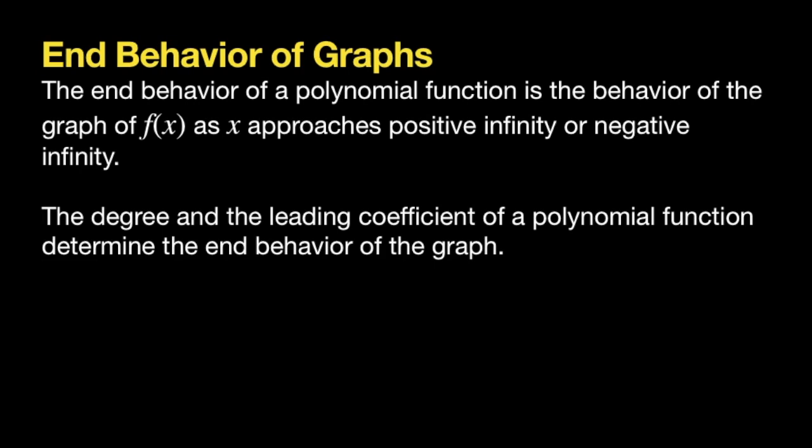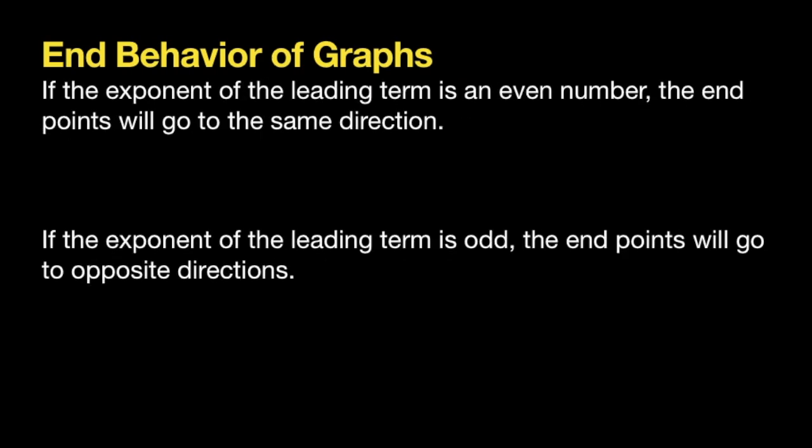The degree and the leading coefficient of the polynomial is going to help you determine how the graph is going to go. If the exponent of the leading term is even, then it's going to go to the same direction. It can either go both up, so both ends are going to go up, or both ends are going to go down.